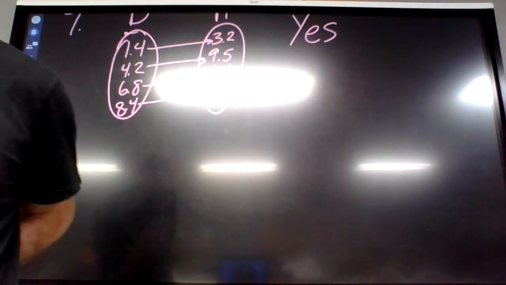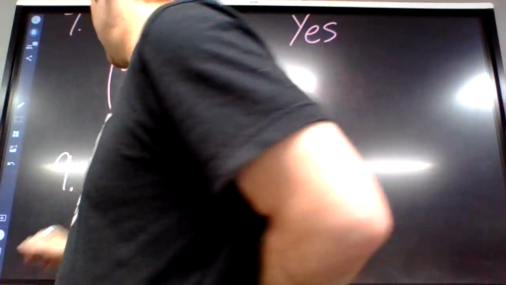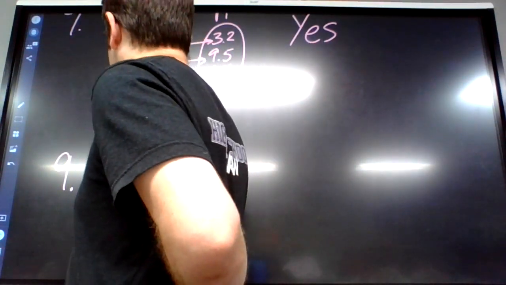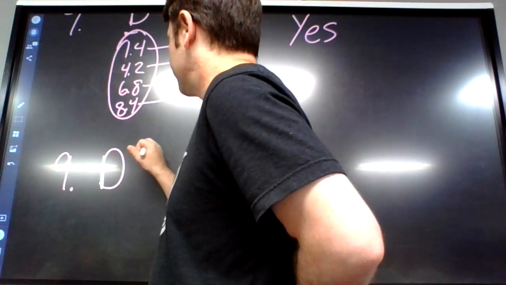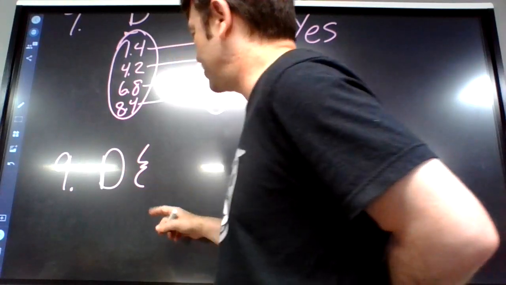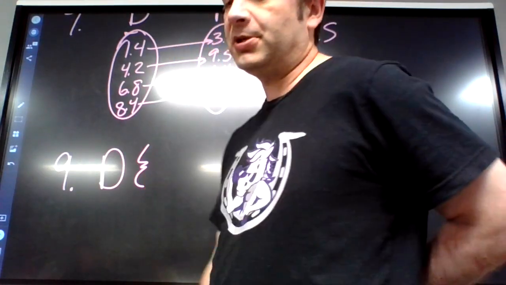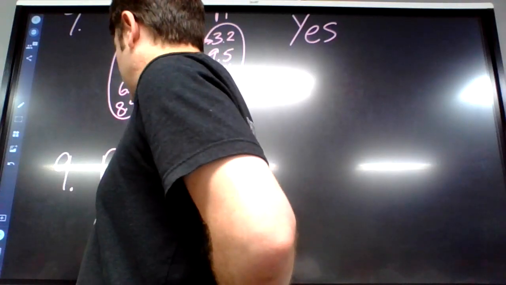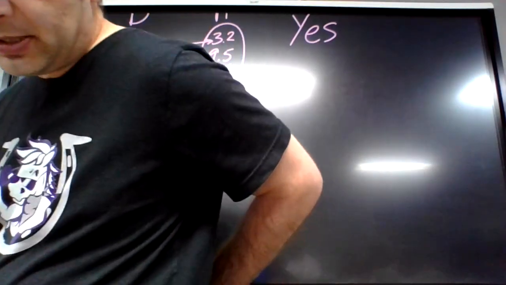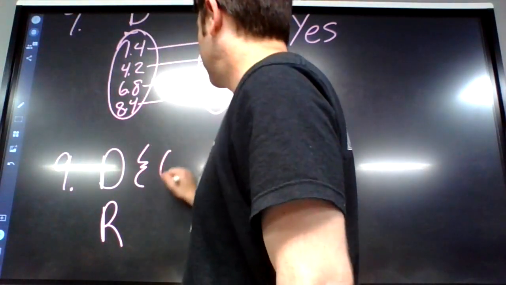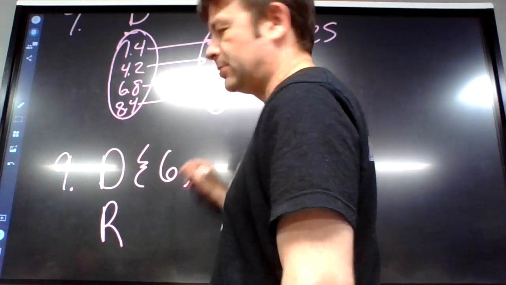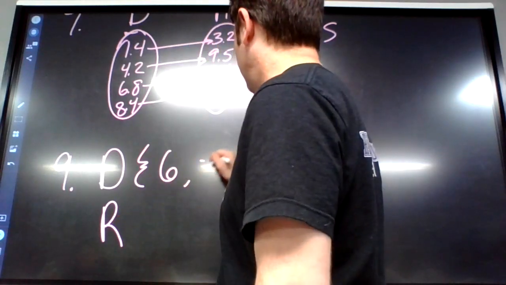Number 9 says state the domain and range, kind of the same thing. So the book uses the braces. I don't really care if you use this or not, but what is the domain on number 9? 6, -9, 4, -5. Is it 9 or negative 9? -9.